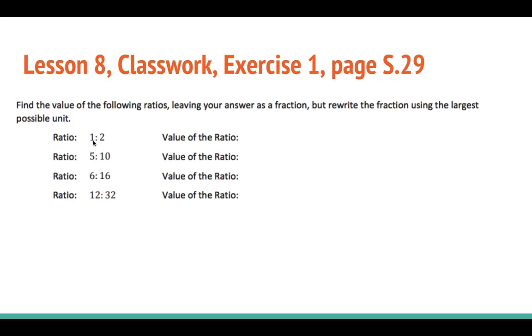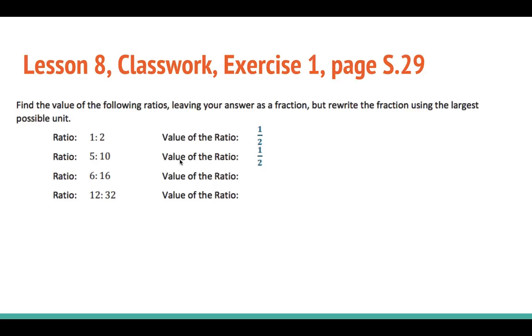Okay, our first ratio, 1 to 2, tells us the value is 1/2, right, 1 over 2. Your first number is your numerator, and your second number is your denominator. We said that 1 to 2 and 5 to 10 are equivalent, so the value of this ratio is 1/2 as well.